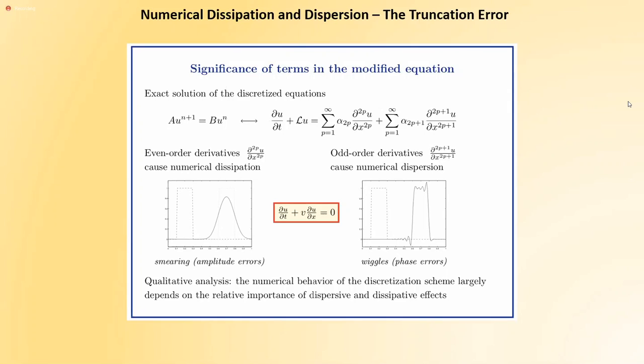Usually the even order derivatives are the ones controlling the numerical dissipation, which means the smearing of the solution, like you saw in the hex mesh when the flow wasn't aligned with the cell. That's a truncation error, which is numerical dissipation. And the odd order derivatives cause numerical dispersion, which is like wiggles in the solution.